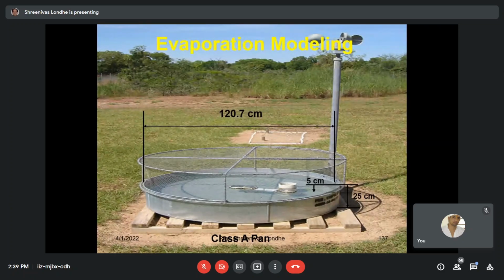And right from our school days, we know that evaporation majorly depends upon daily solar radiation and the temperature and the humidity and the wind velocity, which is repeated in any standard book on hydrology. But there is no 100% correct deterministic formula available for evaporation as well as evapotranspiration.